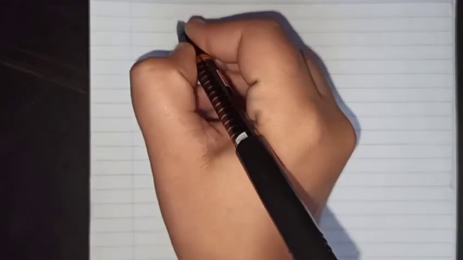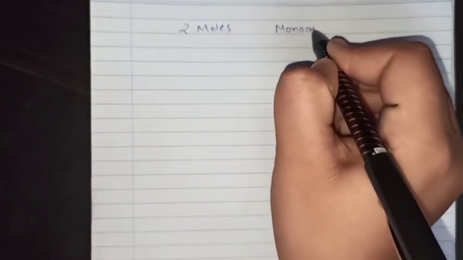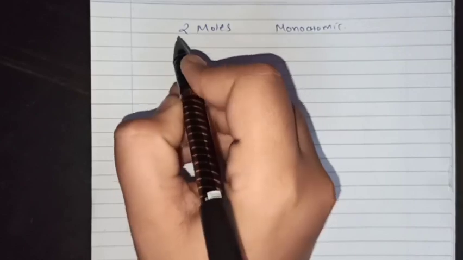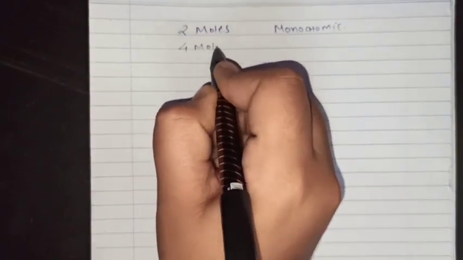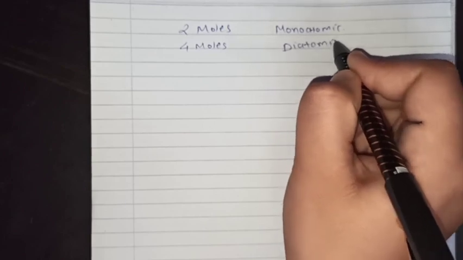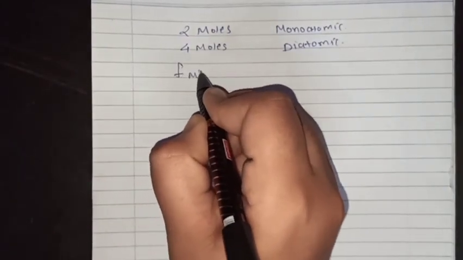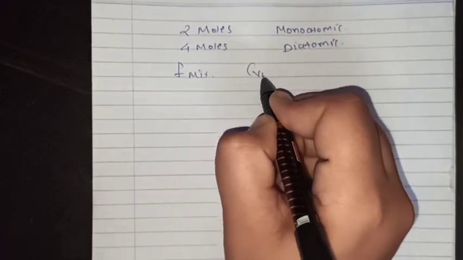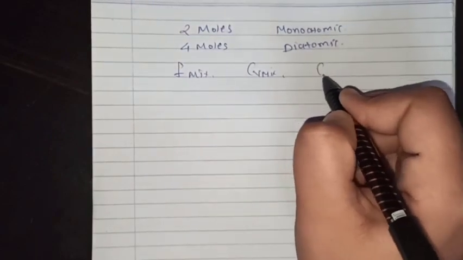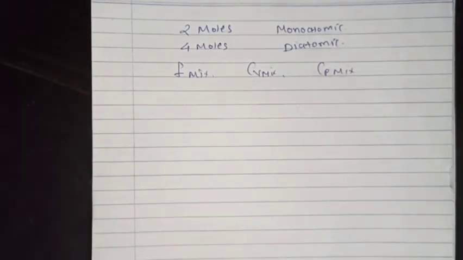Let us say we have taken 2 moles of monoatomic gas and 4 moles of diatomic gas. We want to find the degree of freedom of the mixture, Cv of the mixture and Cp of the mixture using the formulas.